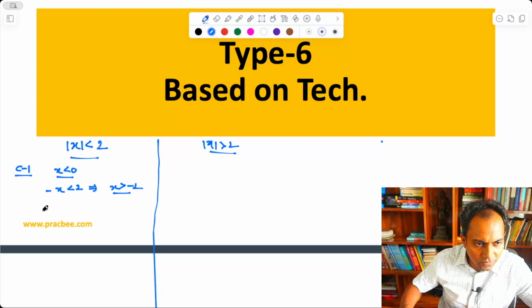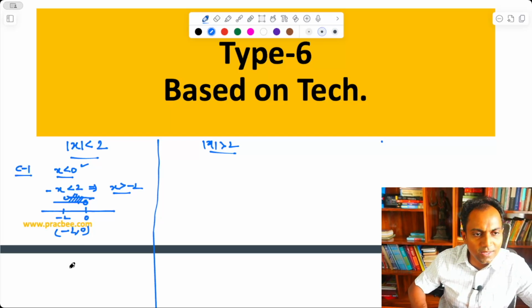Now, in order to get the final answer, I will have to take the intersection of this with the condition given above. So, what we are saying is x should be smaller than 0, and it should be greater than minus 2, and it should be greater, not or. You can see that your common solution lies between minus 2 and 0. So, this is what we get from the first part.